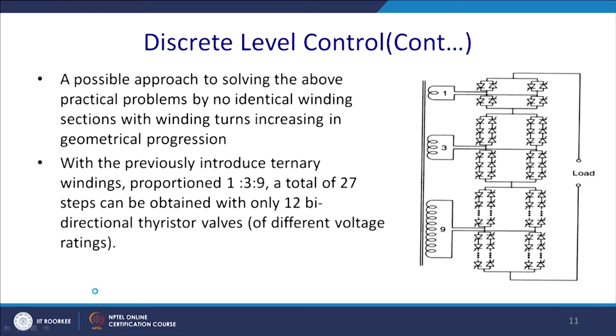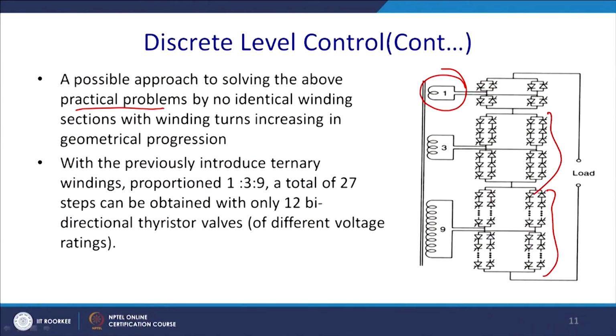So, a possible approach to solve the above practical problem is to use non-identical winding sections with winding turns increasing in a geometrical progression. That is what we have shown in the previous slide. So, it has 1 turn, or the ratio is 1, 3 and 9, and subsequently the thyristors will change.